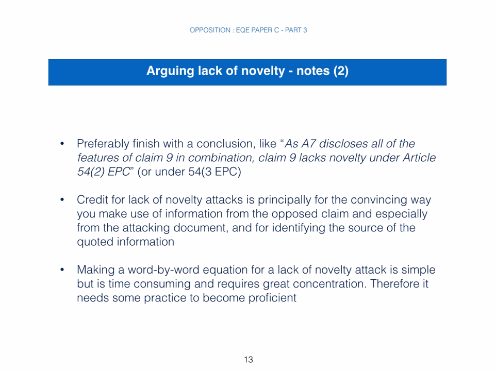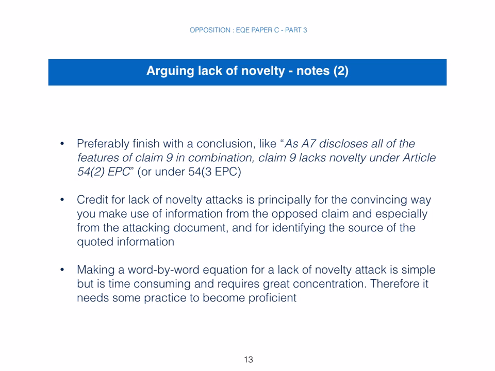Making a word-by-word equation for a lack of novelty attack is simple but is time-consuming and requires great concentration. Therefore, it needs some practice to become proficient, and you have to practice because arguing for lack of novelty is not a customary part of the attorney's work that you do every day in your office.